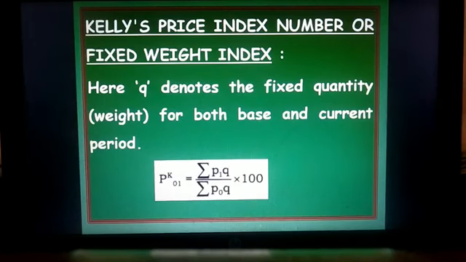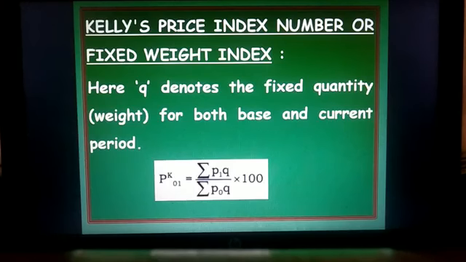And try to tell which are the weights applied for those price index numbers also. First one, it was Laspeyres' index number. There it was applied Q0 as the weight. Why are quantities being applied as the weights here? I mean base year quantities, current year quantities, why are we applying them as the weights? Since these are price index numbers, weights applicable will be quantities.